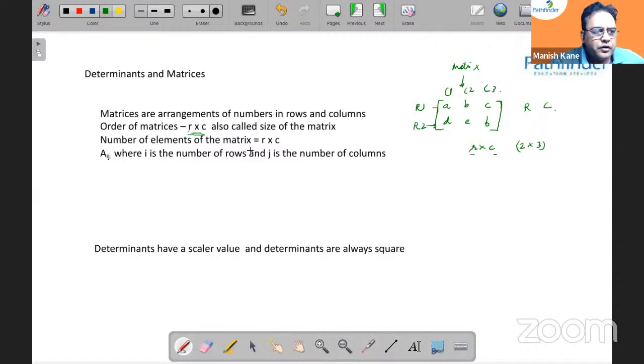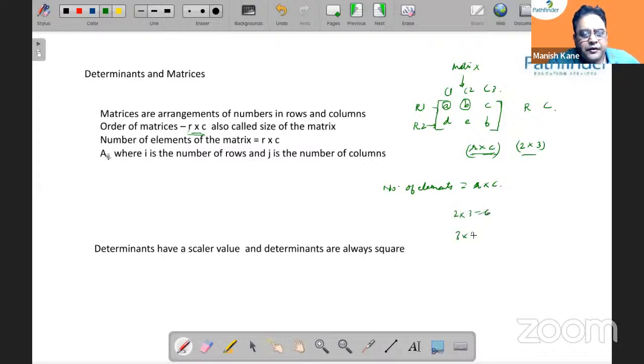Remember, if you represent a matrix by R by C, each of these A, B, C, D is called an element, and the number of elements in a matrix is determined by R cross C. So if it's a 2 by 3 matrix, the number of elements will be 6. If it's a 3 by 4 matrix, the number of elements will be 12.